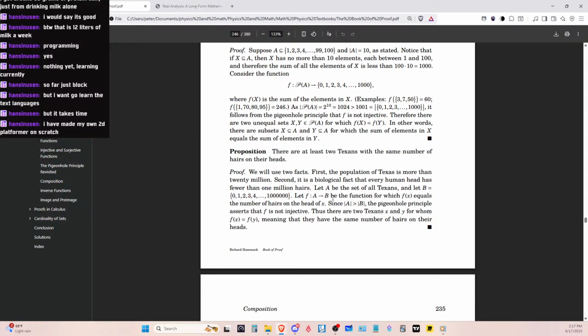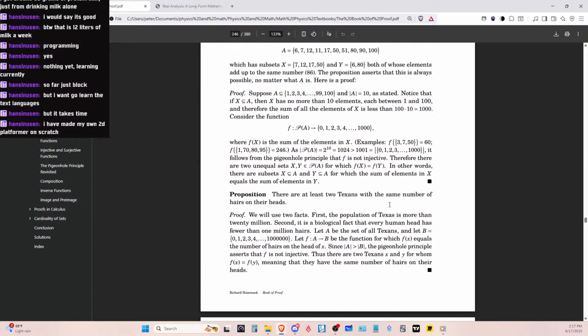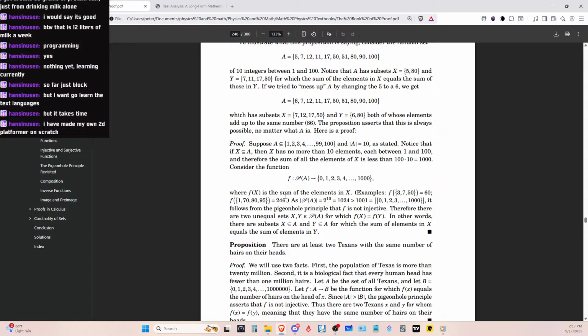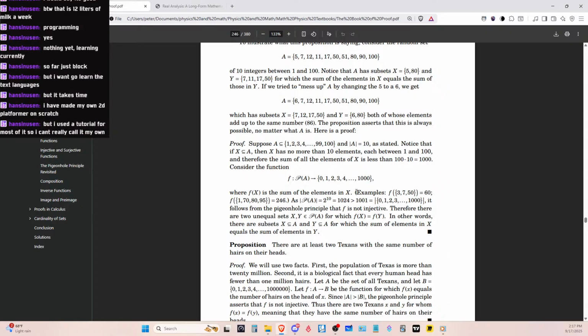Let the function A be... some of the elements, okay.